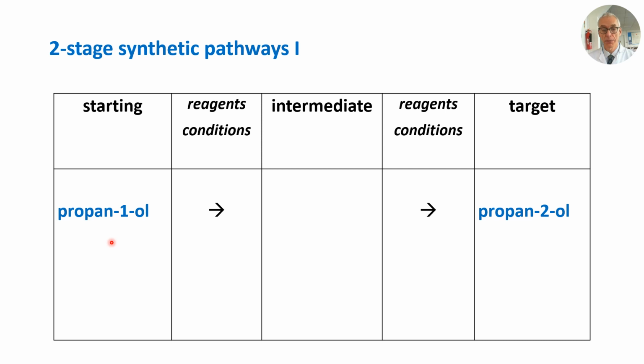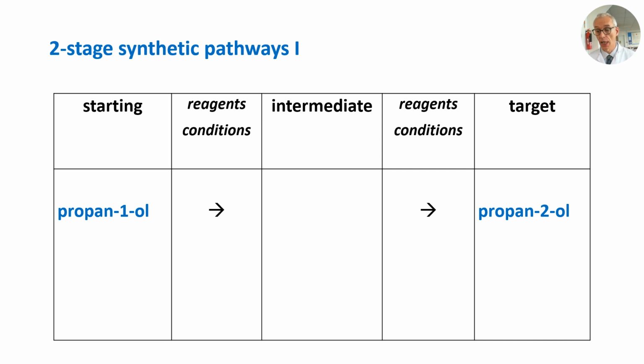So the setup is I will identify a starting molecule and a target molecule. Your task is to suggest an intermediate molecule and the reagents and conditions required to convert stage 1 and for the conversion stage 2. Pause the lesson and write out your solutions.